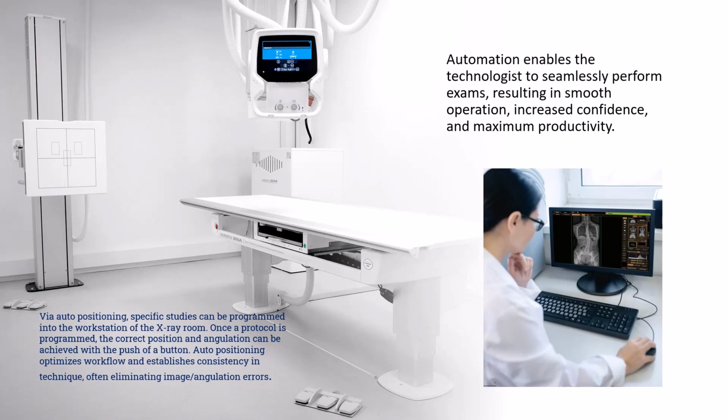Using auto-positioning, specific studies can be programmed into the workstation of the X-ray room. Once a protocol is programmed, the correct position and angling of the X-ray equipment can be achieved with the push of a button.